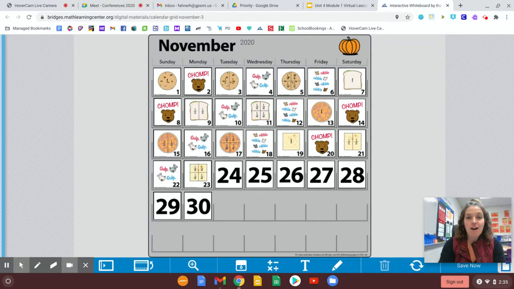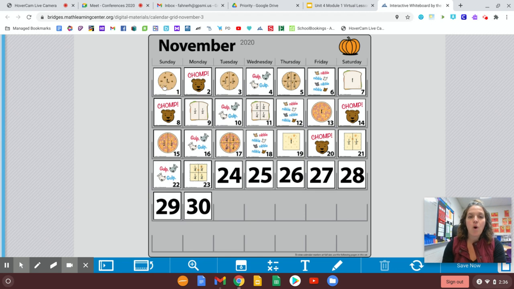All right, so you can see all of the different pieces that we've turned over here in November. And today is November 23rd. So we're going to be focusing on that 23rd piece. Now, I said before that we have been working on fractions, which is either parts of a group or parts of a whole. If we look at some of our pictures, how many cookies are right here, at the very top on number 1?